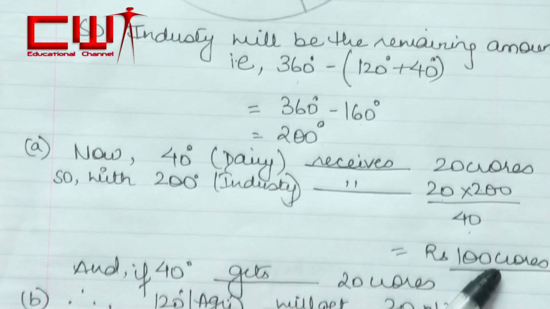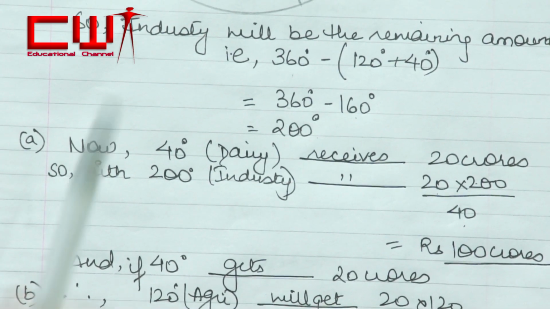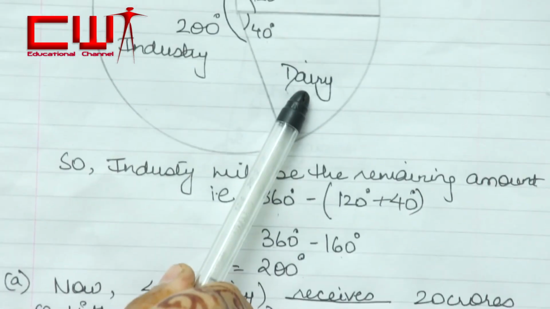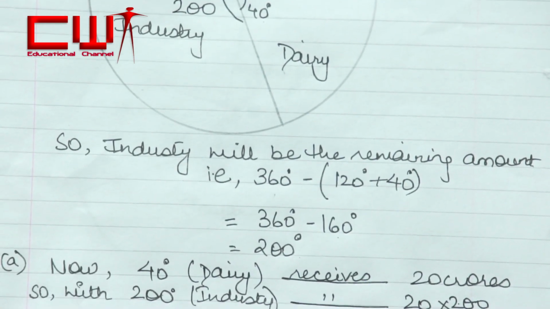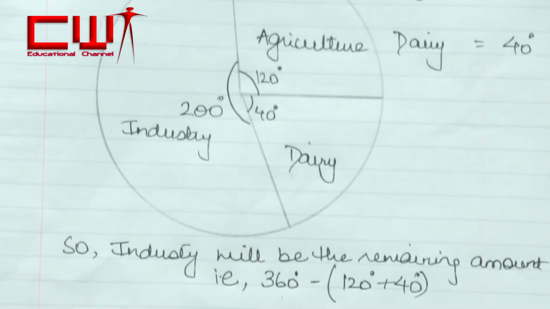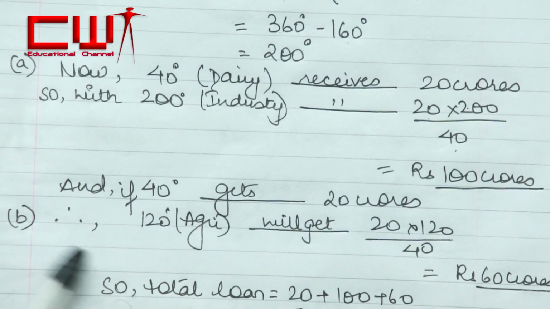Now 100 crores is what? The loan that industry is getting, right? A 20 crore loan is got by dairy. 100 crores is got by industry. We will find out for agriculture also in a similar way. If dairy is getting 40 degrees, it gets 20 crores.